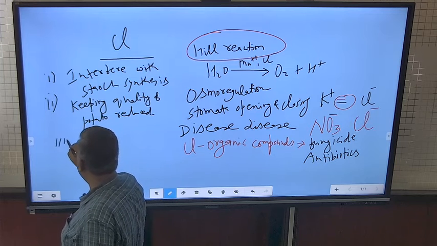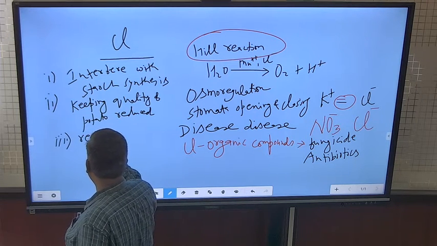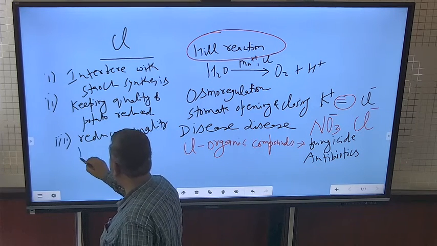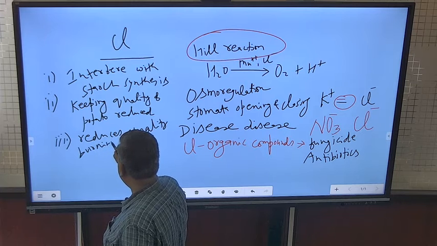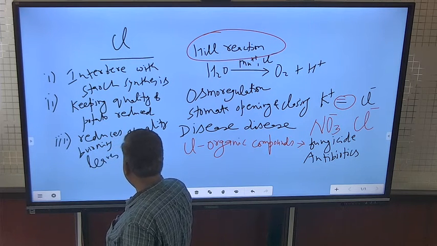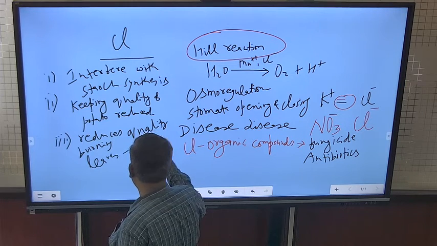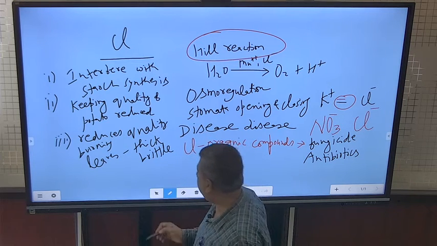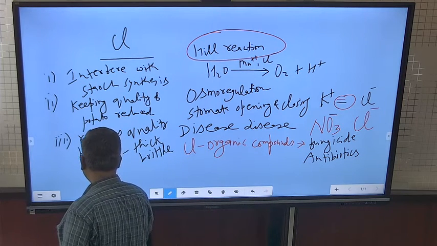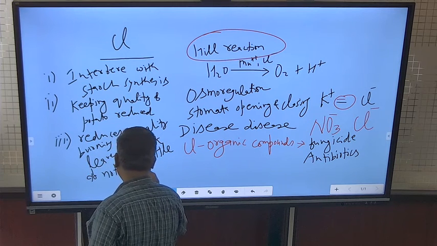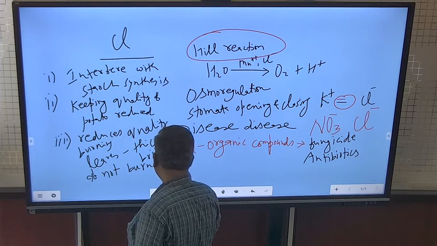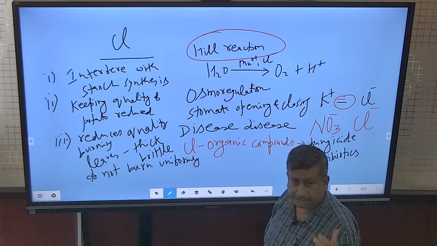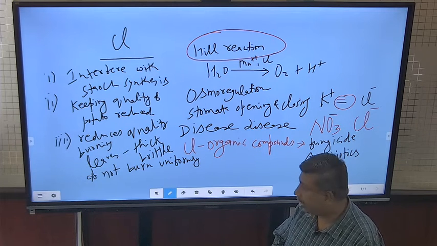Another effect is that it reduces the quality of tobacco leaves, the burning quality. Leaves become thick due to chlorine, and brittle, they can break easily and do not burn uniformly. This is the problem of chlorine. This non-uniformity of burning is due to interference with carbohydrate metabolism.